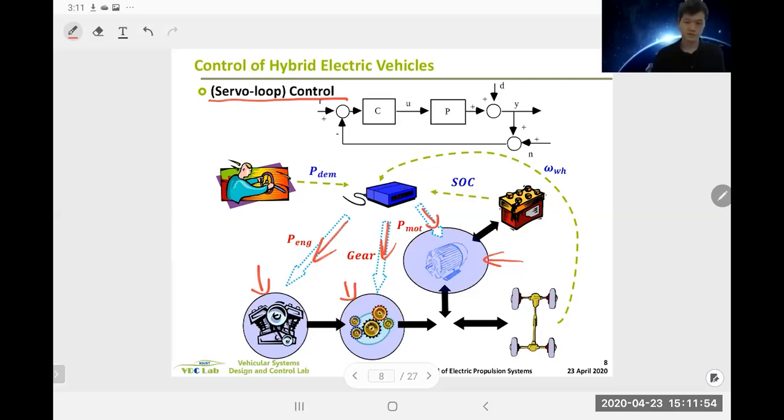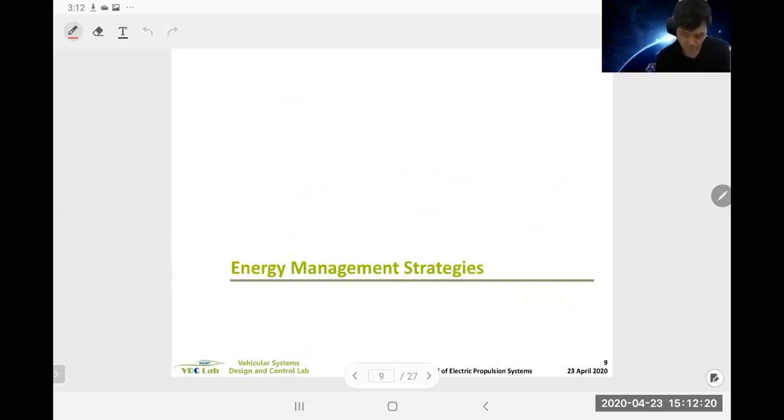Reference tracking, disturbance rejection, right? And usually you need to design the controller such that Y tracks this reference. Right? Any questions so far?